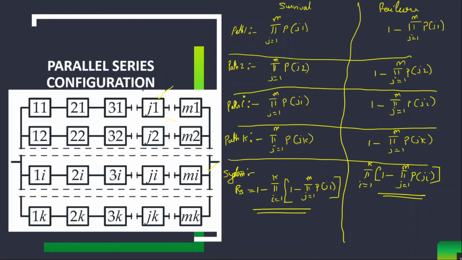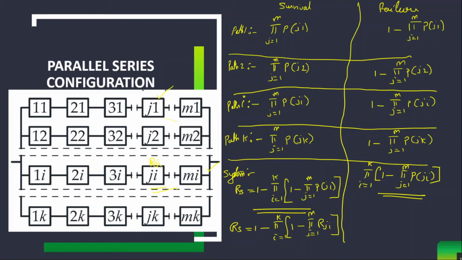So for convenience, if I write the reliability of the ji element as rji, meaning the reliability of the ji component, then I can write Rs is equal to 1 minus the product of i equal to 1 to k of 1 minus the product of j equal to 1 to m of rji. rji means the probability of survival of the ji element, that is this particular element.